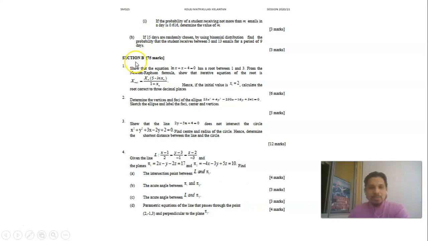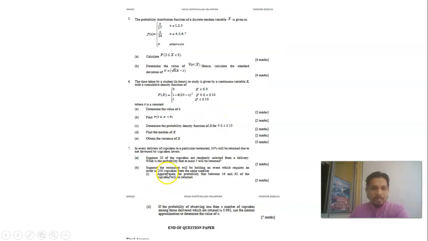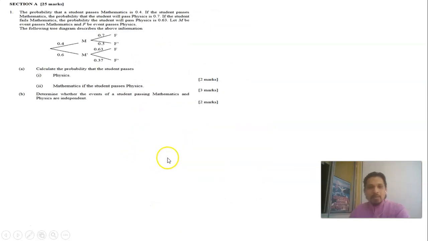And for Section B with 75 marks, there are 7 questions: numerical method, conic, ellipse, circle and vector, random variables, continuous, question number 6 random variables, and question 7 special probability distribution.